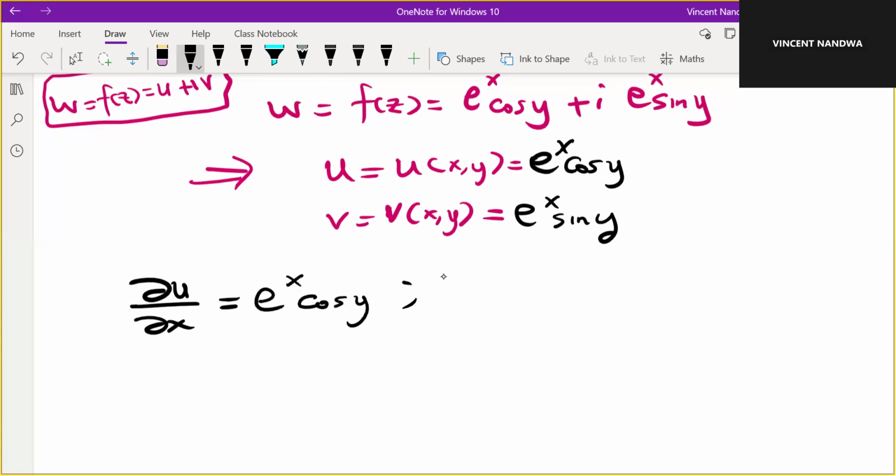And then what is partial u, partial y? What is the derivative of cos y with respect to y?